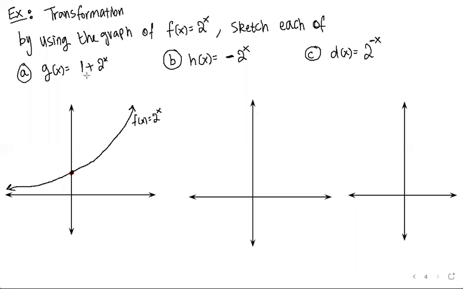This is the review from 2.6. So the horizontal asymptote is y equals 0, the x-axis. Now when I shift it up 1 unit, it becomes y equal 1. So this is my horizontal line now. This is my horizontal asymptote.